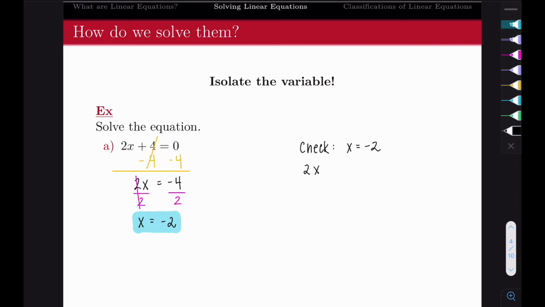So we need 2x plus 4 to equal 0. If our x is equal to negative 2, that will give us 2 times negative 2 plus 4 equals 0, which is negative 4 plus 4 equals 0. And indeed, we end up with something that is a true statement. So this is our correct solution.